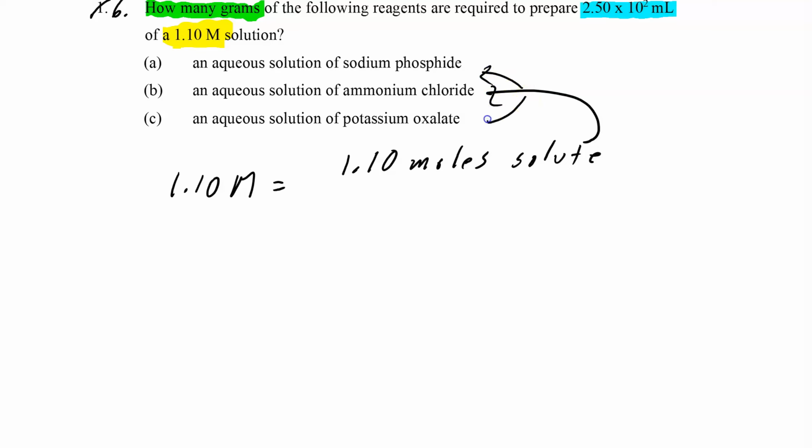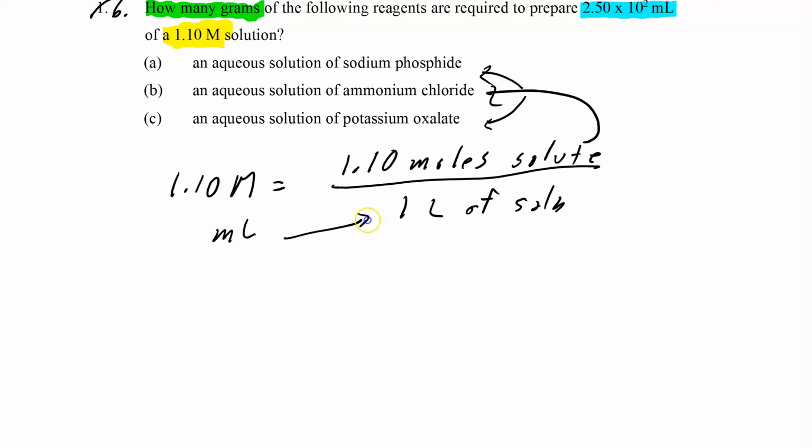In this case, we have three different chemicals that are going to be the solutes per 1 liter of solution. We're given a volume in milliliters, and we're going to convert that to liters, therefore having the proper units for the denominator. Our moles of solute, 1.10, using the molar mass is going to give us our desired grams.